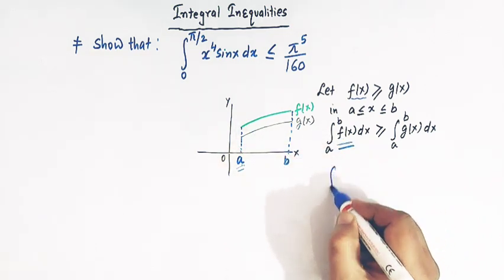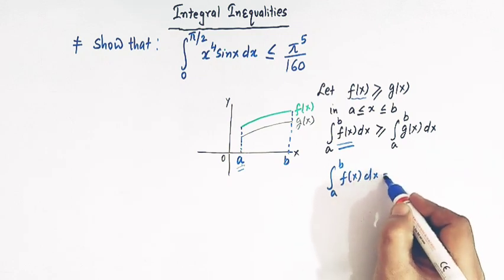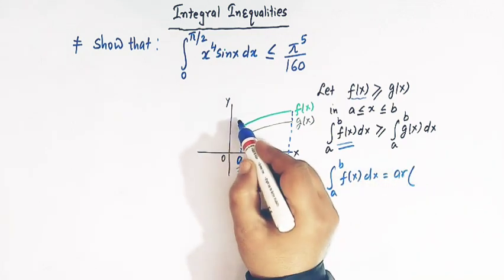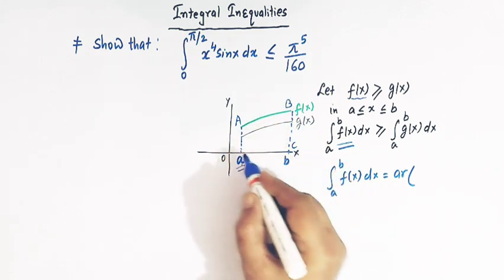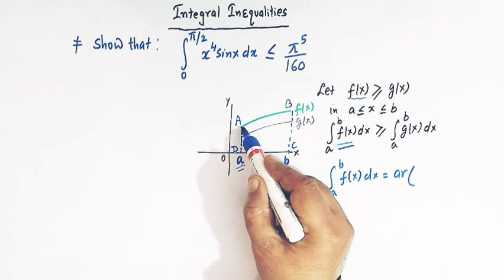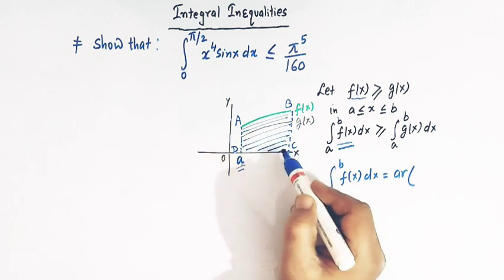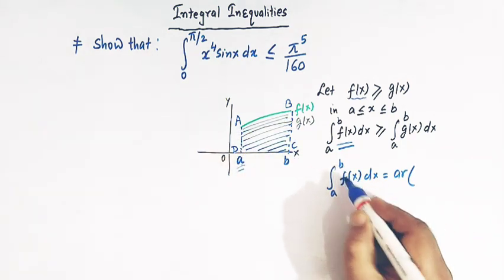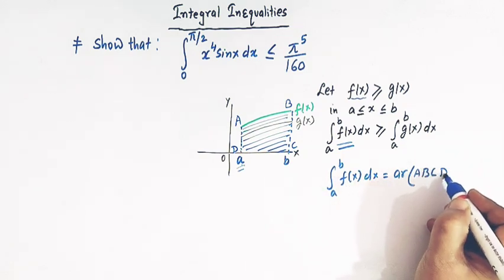Suppose this is A, this is B, this is C, and this is D. So this whole area is denoted by the integral a to b f of x dx, that is area ABCD.